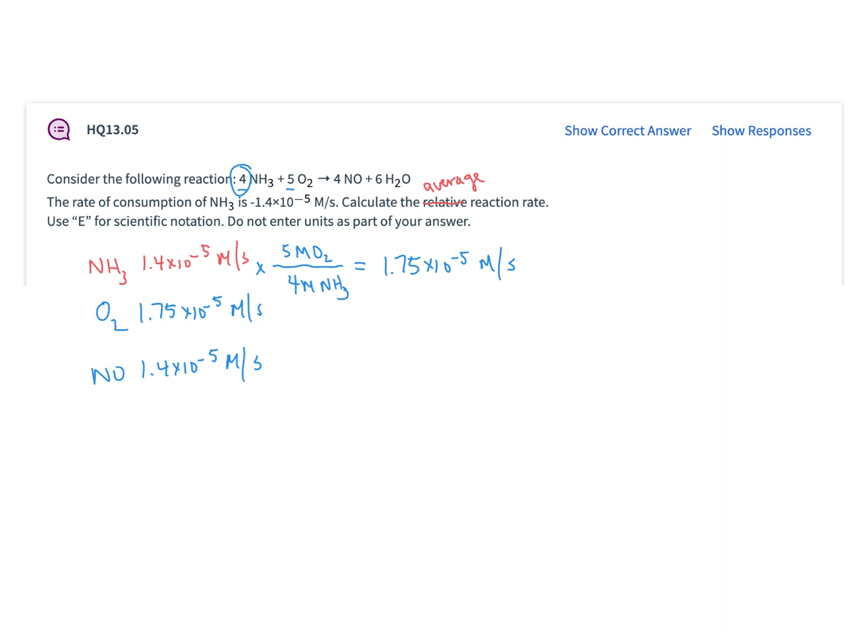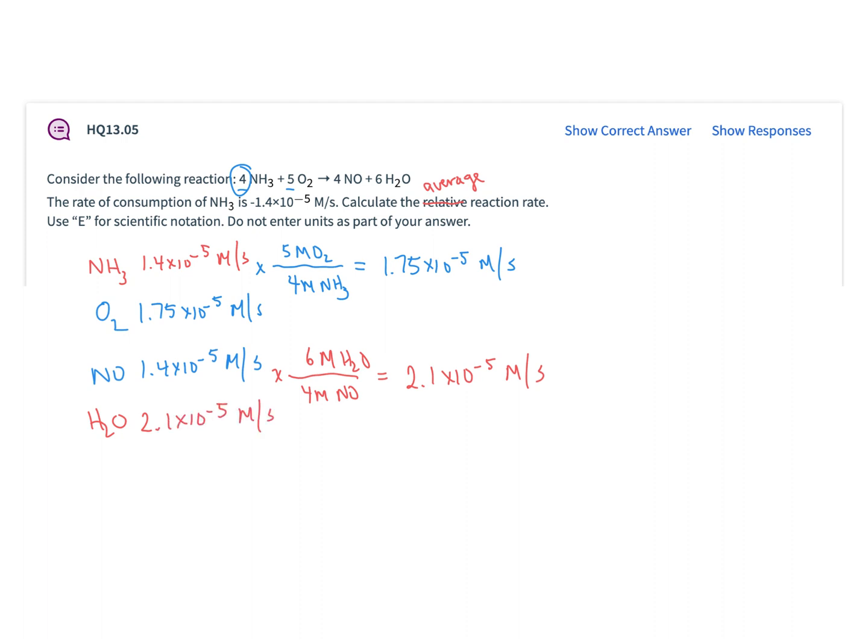And for the water, well, 4 moles of this and 6 moles of water, so 4 times 6, water is going to be produced at about 2.1 times 10 to the minus 5 molar per second. So these are all relative rates. They are relative to one specific species in the reaction. And you can notice they're all different.